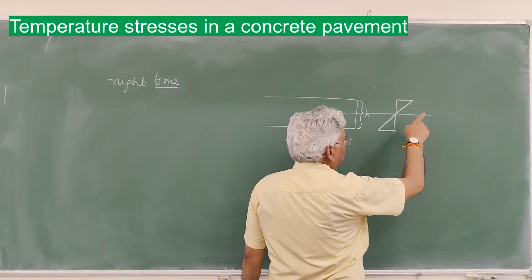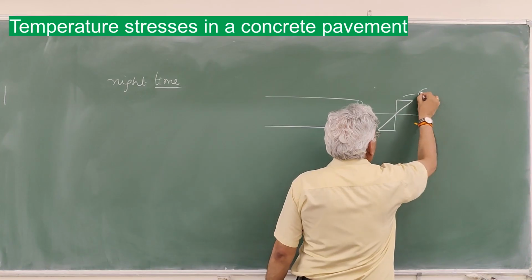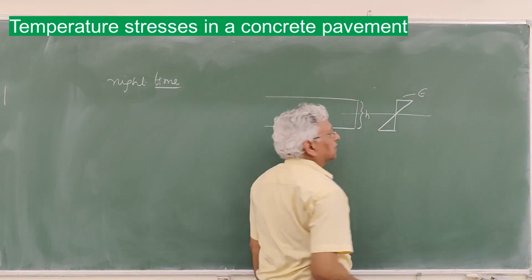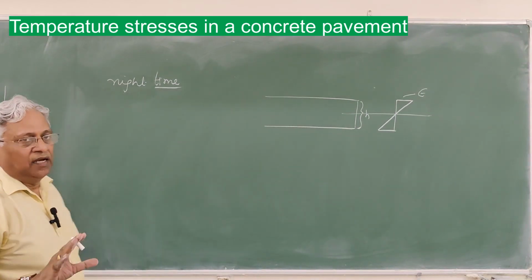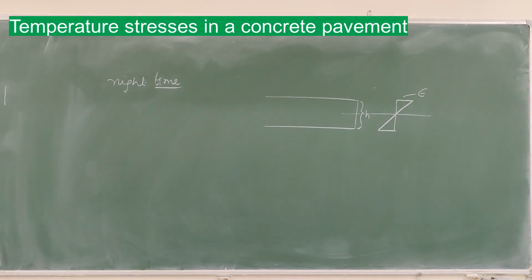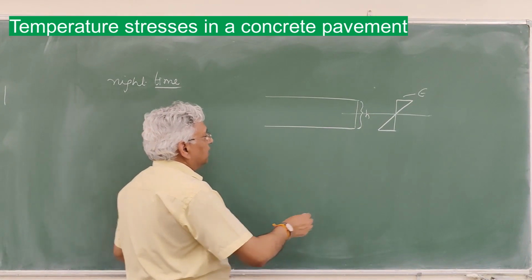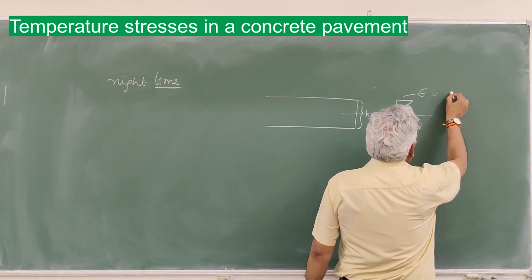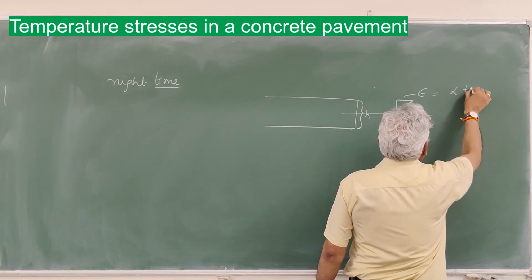Now because of this temperature, there will be some strain in the slab, and that strain will depend upon this thickness as well as the E value of the concrete. Now this will be equal to alpha into T by 2.